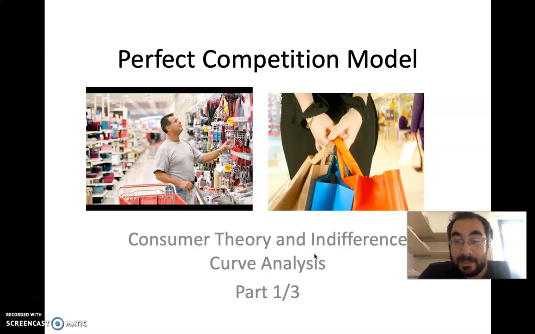So we are not looking at the consumers in more detail than is necessary for us to understand the whole market of a good. As well, you all know by now how we define a good.